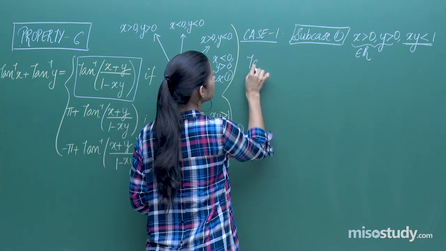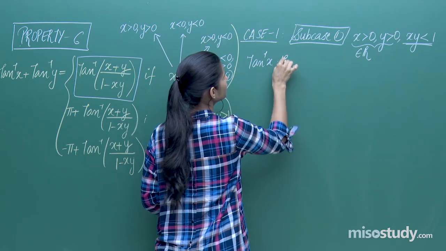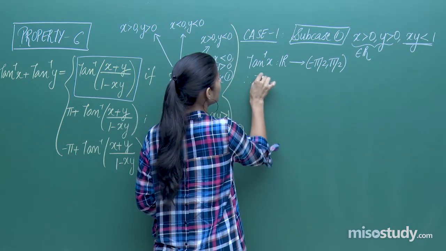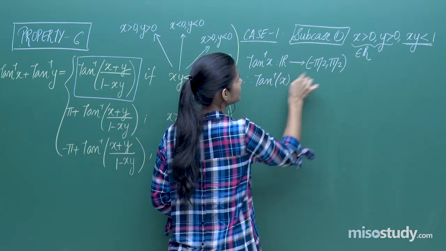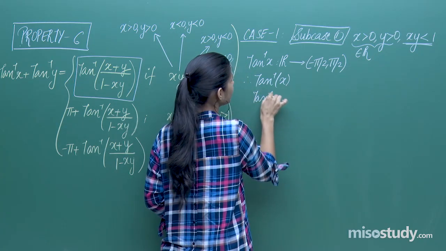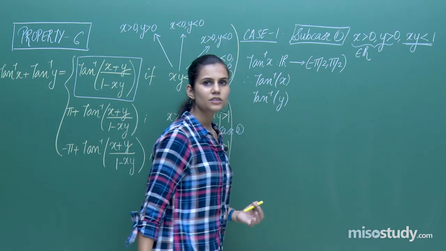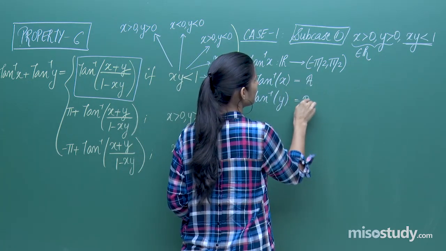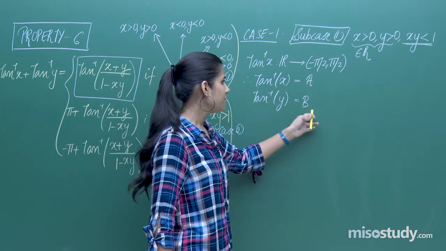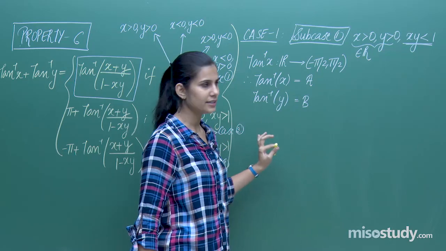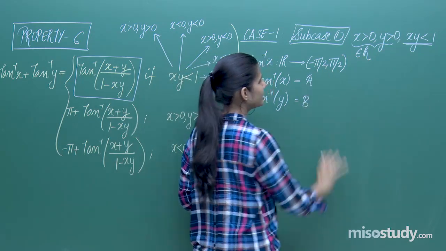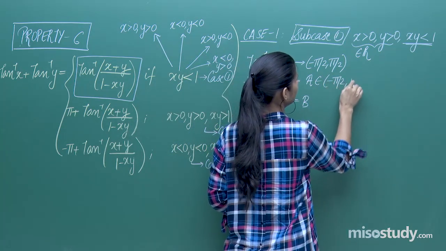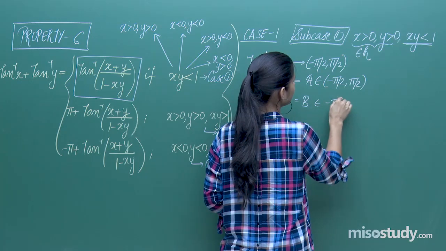So tan inverse x, as it is a function from the collection of all reals to (minus pi by 2, pi by 2), therefore definitely tan inverse of this x and tan inverse of this y are going to be equal to say A and say B, such that these A and B are the images of x and y under tan inverse. This A and B are going to lie inside this range, which is minus pi by 2, pi by 2, and minus pi by 2, pi by 2.